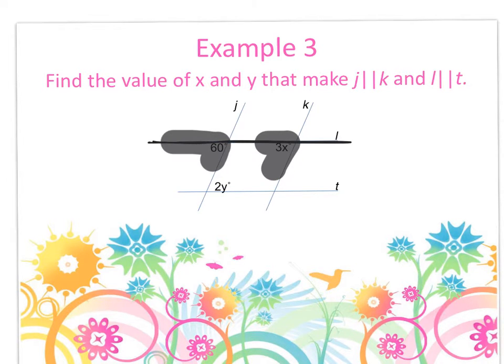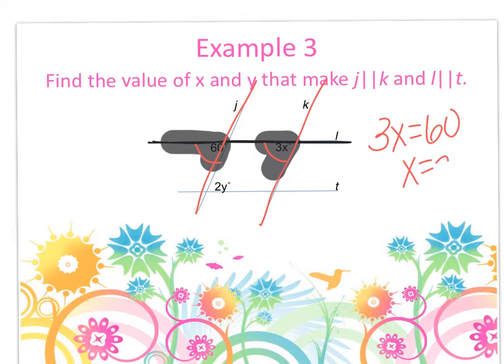This line would be the transversal, and these would be the parallel lines that we're trying to prove. So what's the relationship between 3x and 60? They're corresponding, and if they're corresponding, in order for these to be parallel, what would have to be true? It'd have to be congruent. So 3x would have to equal 60, and x would have to equal 20.